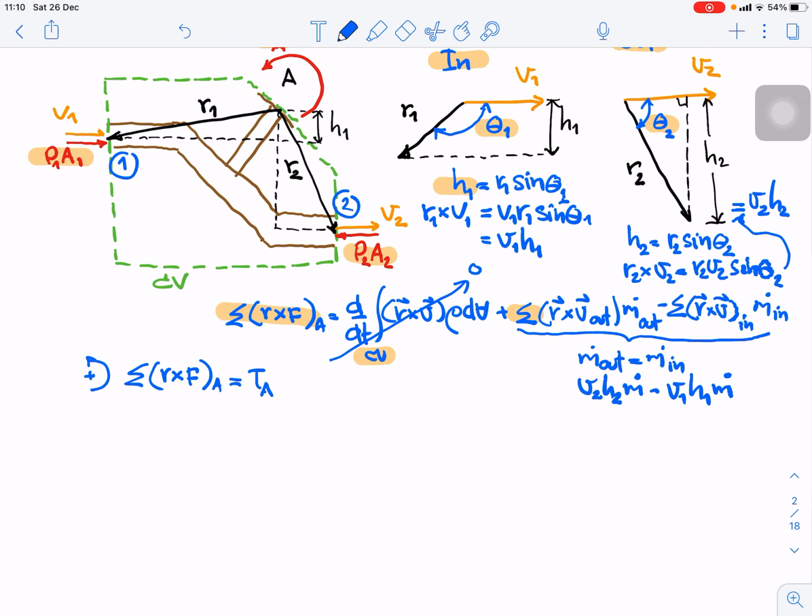We have torque TA, and one from P1A1 with R1. Another one is at the outflow, R2 cross P2A2.